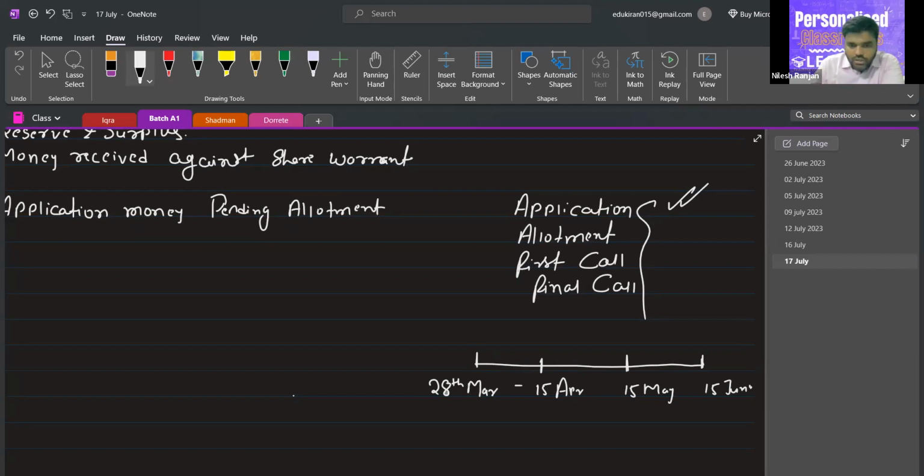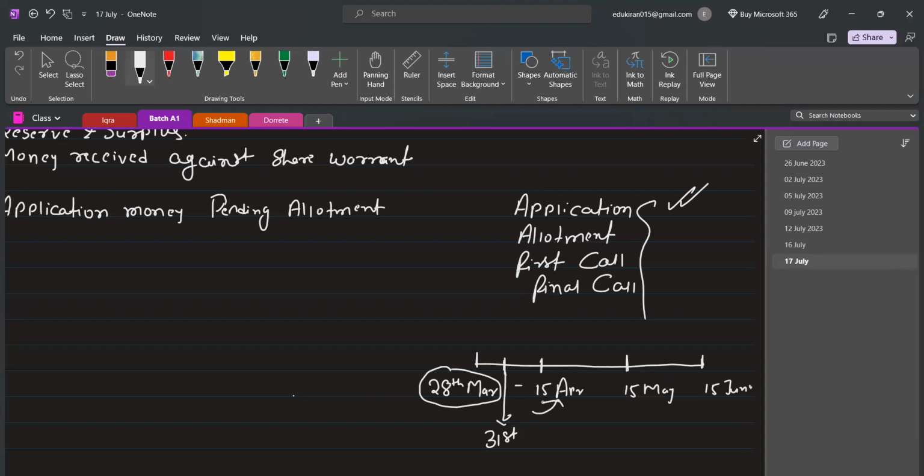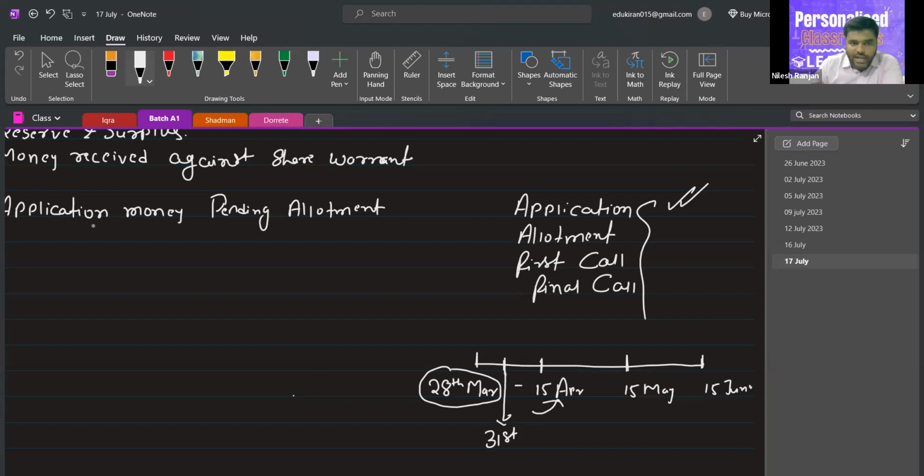So on 28th March, the company receives application money, and on 31st March, the year is complete. Now the financial year is complete, so we will close our books on 31st March. After that, we will allot these shares, yes or no? In the next year. Yes, sir. So that's why it is written share application money received pending allotment.